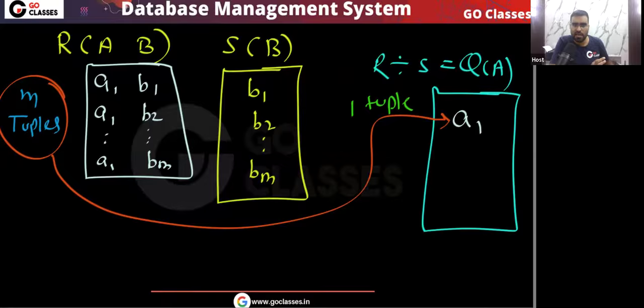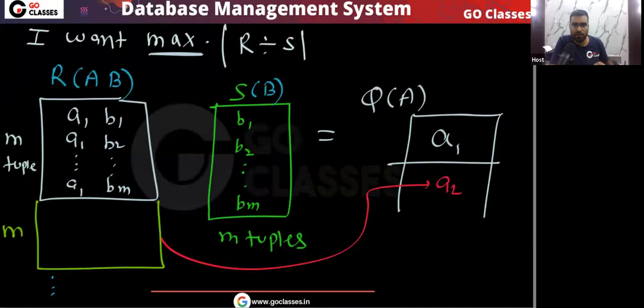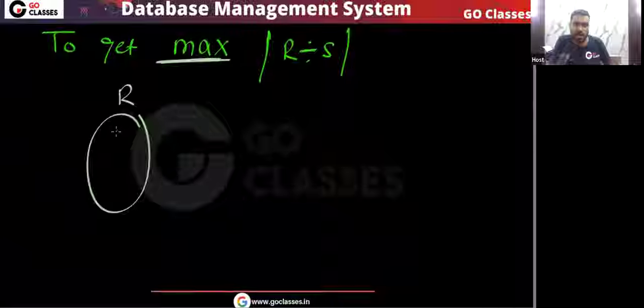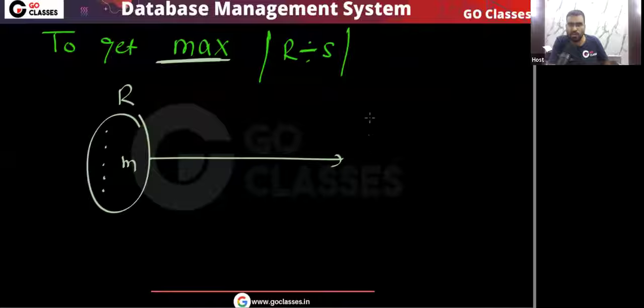So finally I can say, if you want the maximum cardinality of R divided by S, then every M tuples can give you one tuple. In this R, these are M tuples, and every M tuples can give you one tuple in this Q. You know S has B and R has A, B.